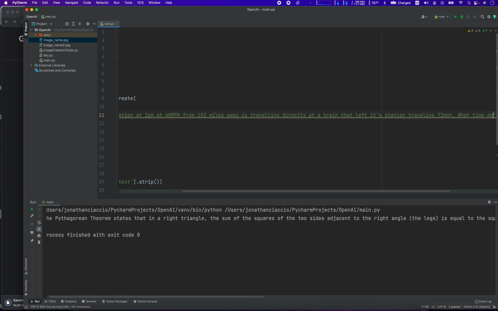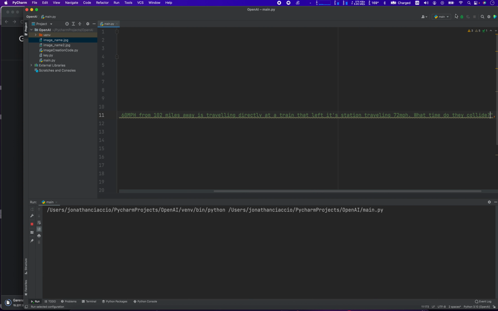What time do they collide? I wonder if that's enough to calculate. Assuming no delays, the two trains will collide at 6 p.m.